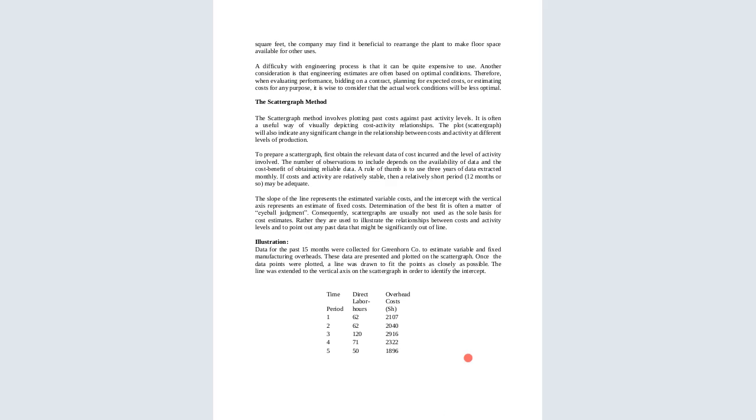So we have an illustration here. Data for the past 15 months are collected from Greenham Company to estimate variable and fixed manufacturing overheads.